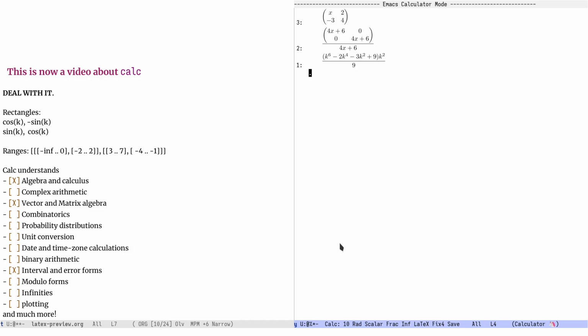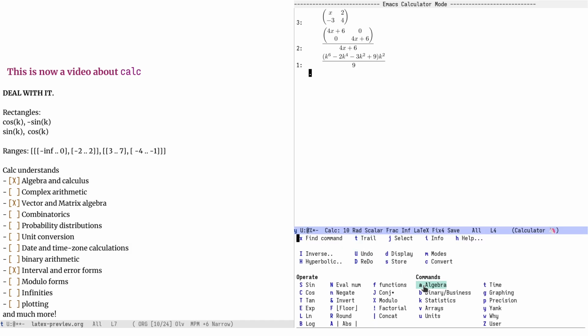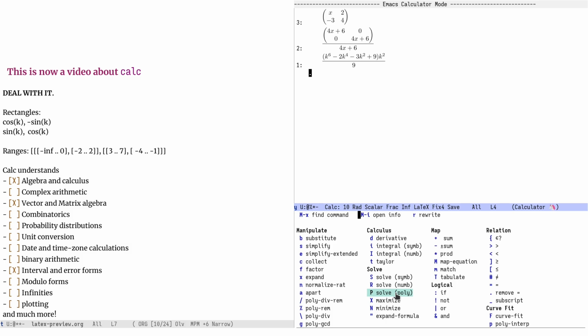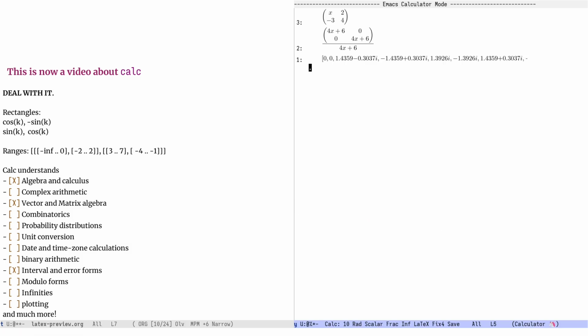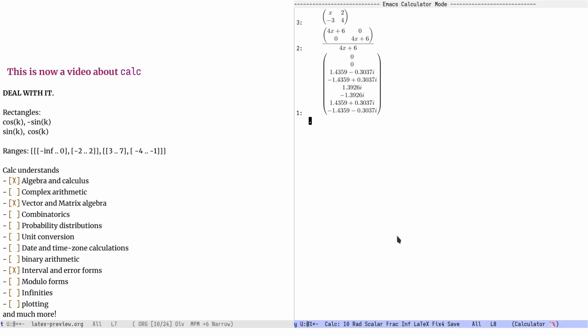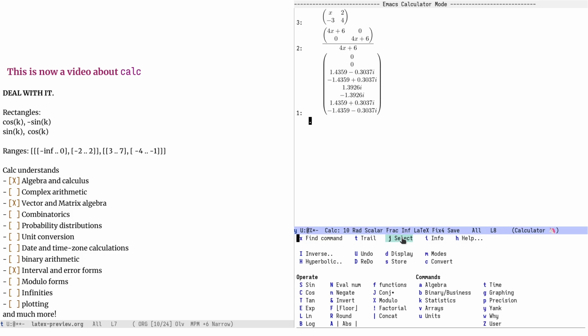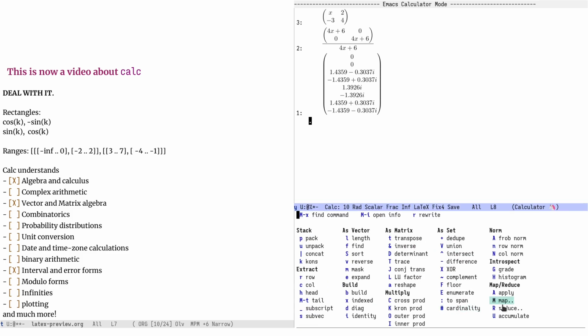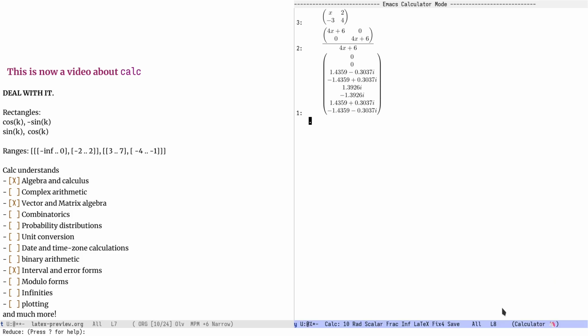This is a polynomial and calc knows how to find its roots. So let's ask for it. And it gives us that vector of solutions, which I'm next going to transpose so I can take a better look at it and confirm that they add up to 0 by reducing with the plus operator.